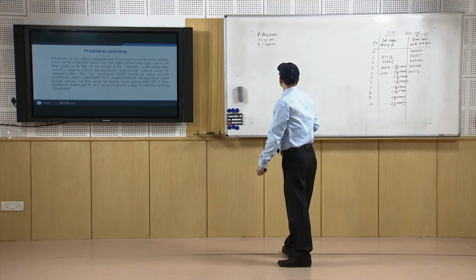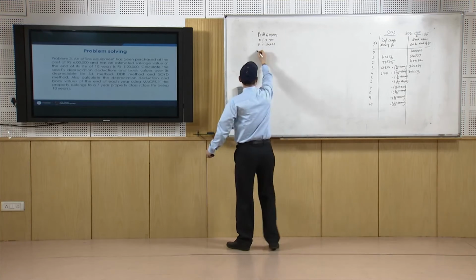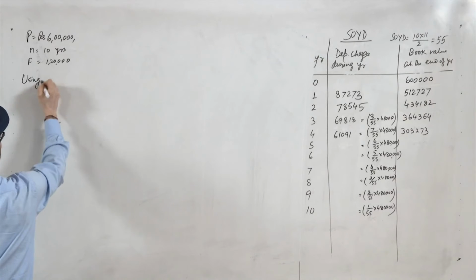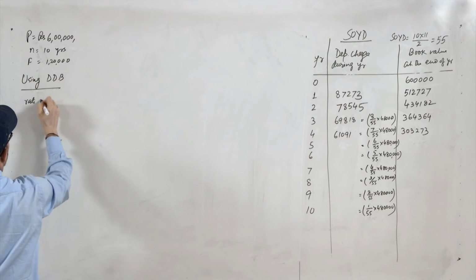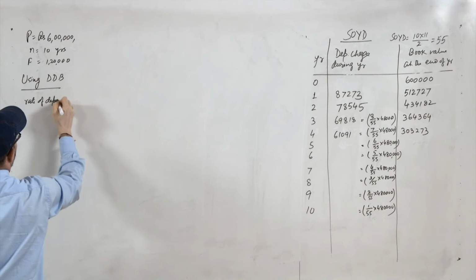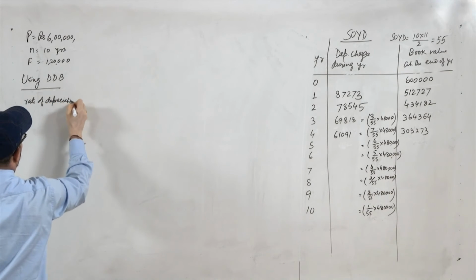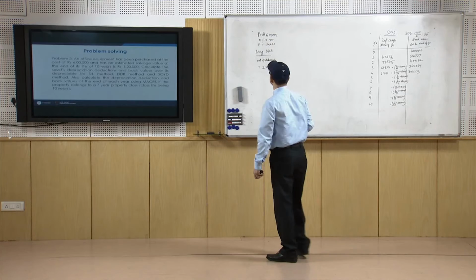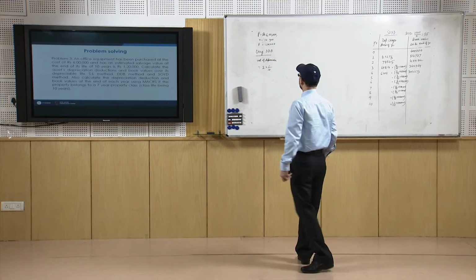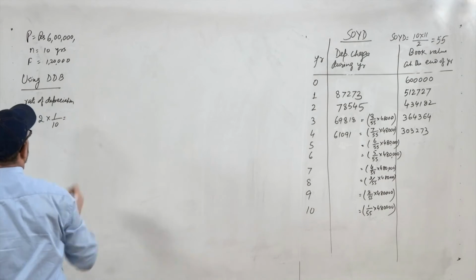Now, using DDB, the double declining balance method, the rate of depreciation will be 2 times 1 by 10, so it will be 20%.